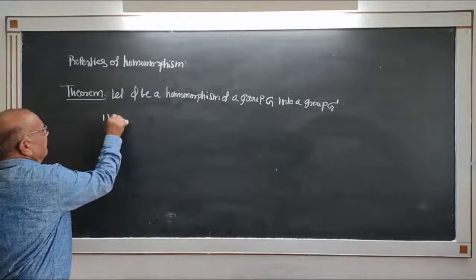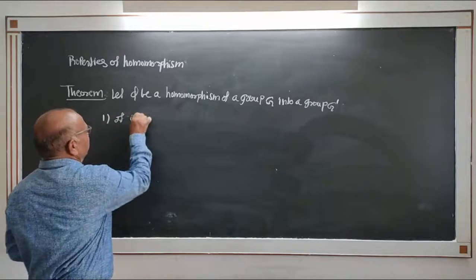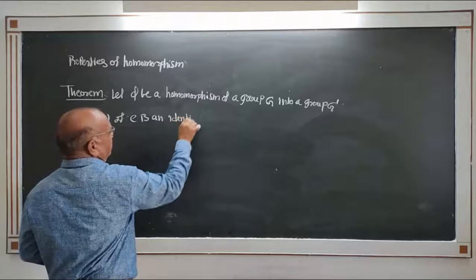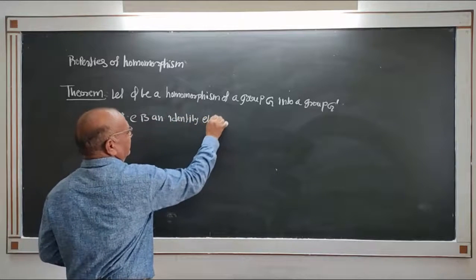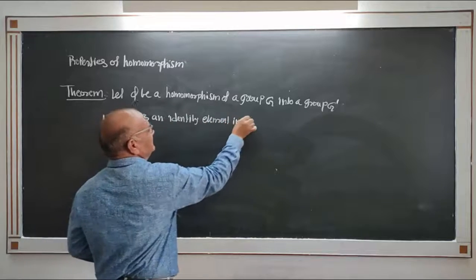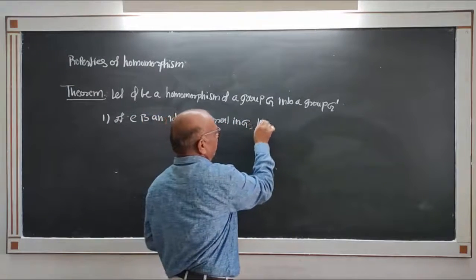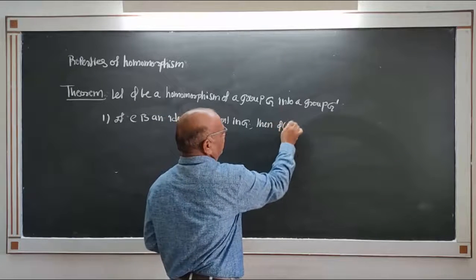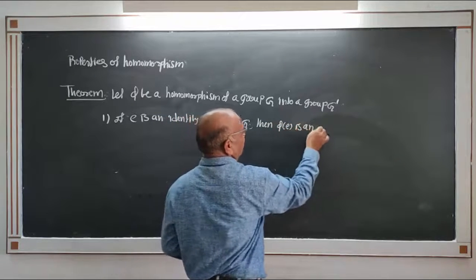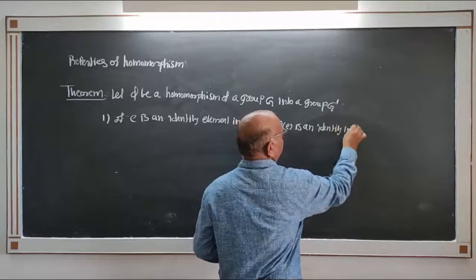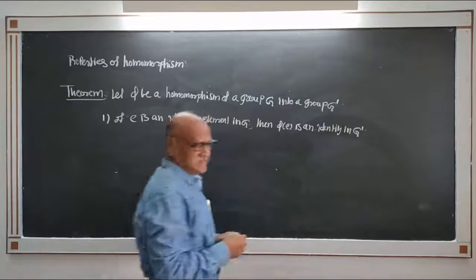First, if e is the identity element in G, then phi of e is the identity in G dash.